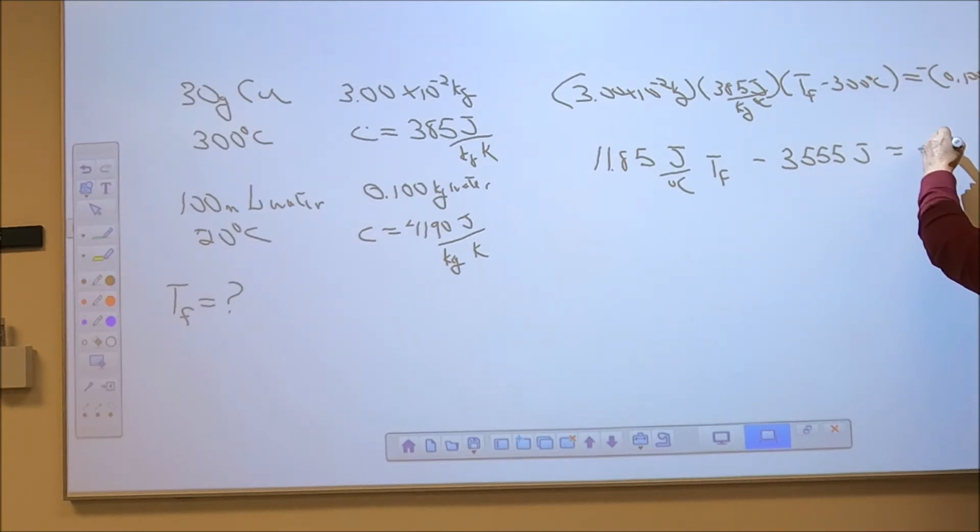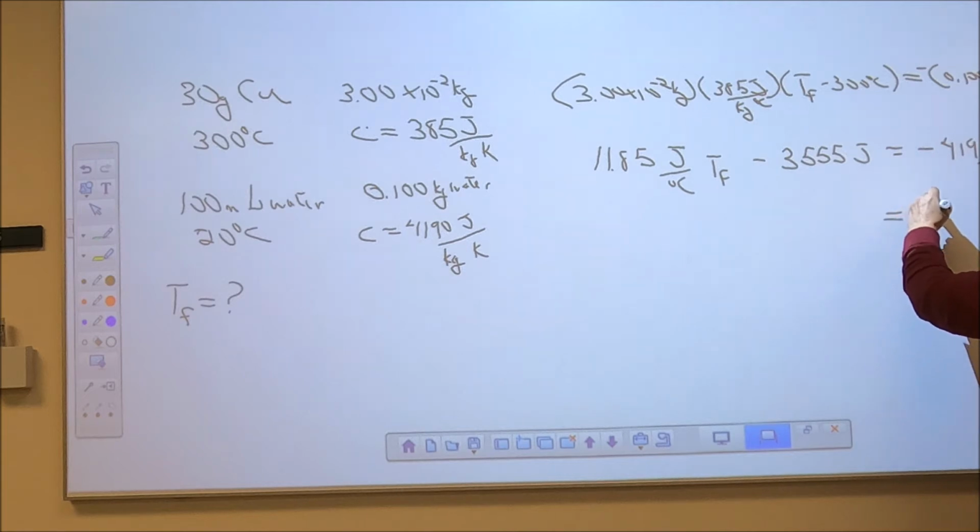So I have a minus 419 joules over degrees C, T final, plus 8,380 joules right there. Now let's combine like terms. 8,380 plus 3,555, I have 11,935 joules.